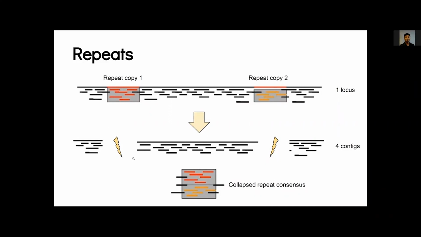The short reads cannot be uniquely mapped to the repetitive regions. That's why genome assemblies often only form contigs, because the gap regions are often repeat regions which cannot be uniquely mapped.